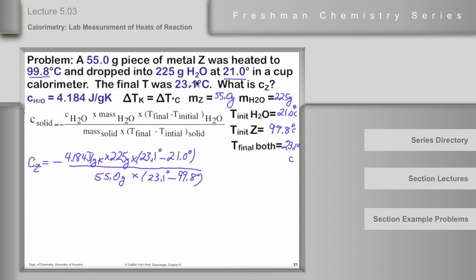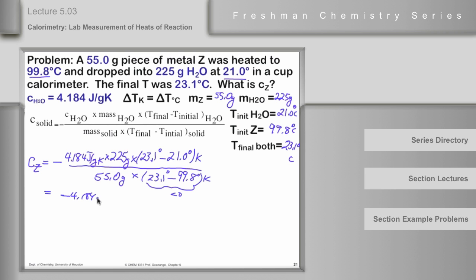And when I plug this in, I have, well, let me just write it out, minus 4.184. I'm not going to put the units here since I did put them up here. This is kelvins and this is kelvins. 4.184 times 225 times 2.1 divided by 55 times minus 76.7.